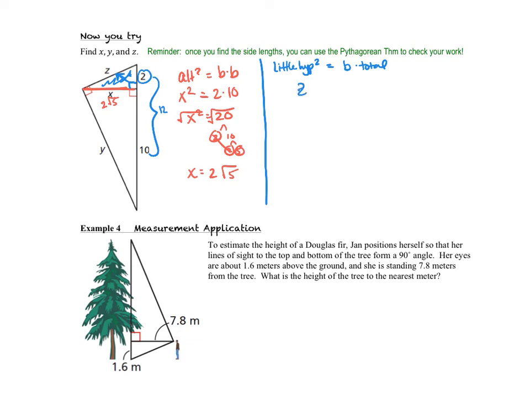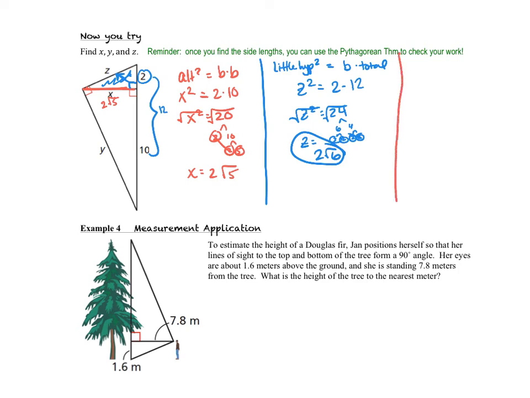So little hypotenuse squared, z squared, equals the base, 2 times the total, which is 12. Z squared equals 24, square root both sides, and z equals, we have to break down this 24, which would be like 6 times 4, 3, 2, 2, 2. So a pair of 2's comes out, and the 6 goes in. So z equals 2 radical 6.